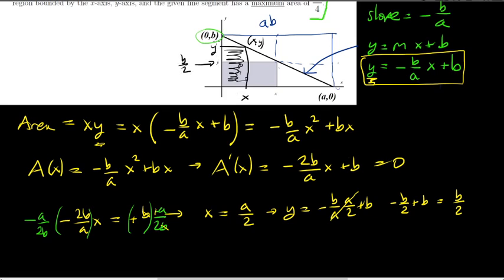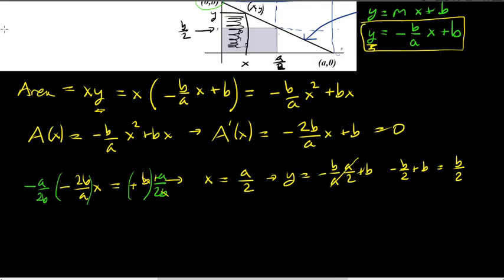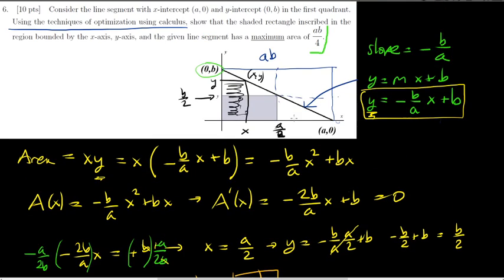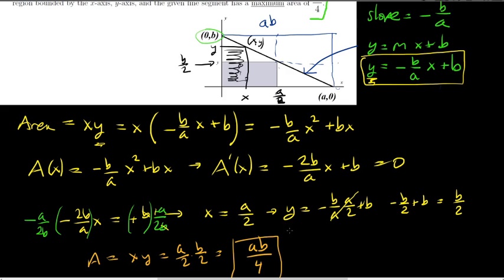Not surprising, because that's the way it's drawn, halfway between 0 and b. And right here, this x is a over 2. So, of course, the area of that rectangle is x times y, which is a over 2 times b over 2, which is ab over 4. And that's what we wanted to show, right?